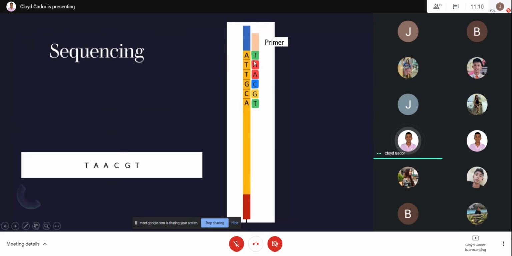So as you can see here, the fluorescently labeled nucleotides, for example the T, the thymine, is colored green, the A is red, yellow ang G, o blue ang C. So the first, the fluorescently labeled T in green, will be excited by a laser, and when a fluorescent signal is obtained, it will be recorded. So muna siya ning na diri: T A A C G T.